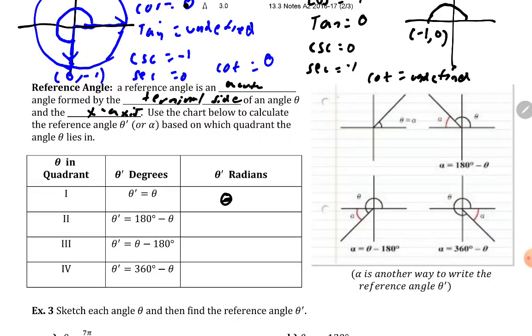That would be this first picture here, quadrant 1, quadrant 2, and then we have quadrant 3, and then quadrant 4. This would be pi minus whatever your radians are. This would be your radians minus pi. And this would be 2 pi minus your radians.